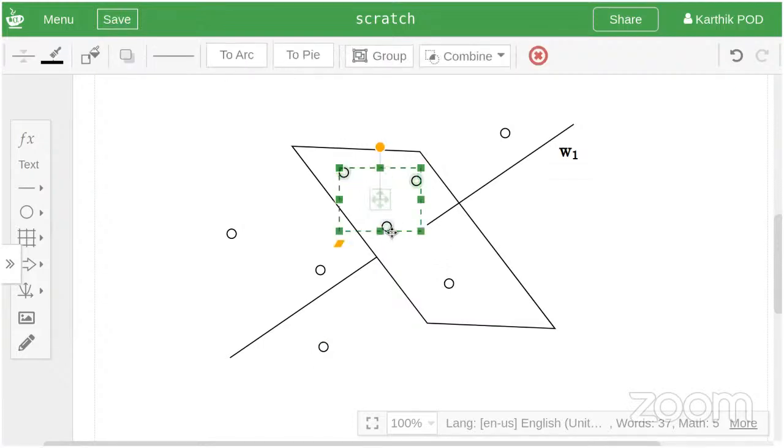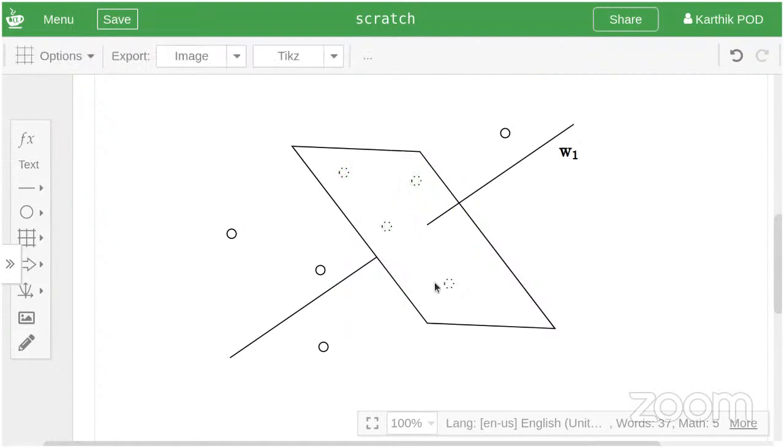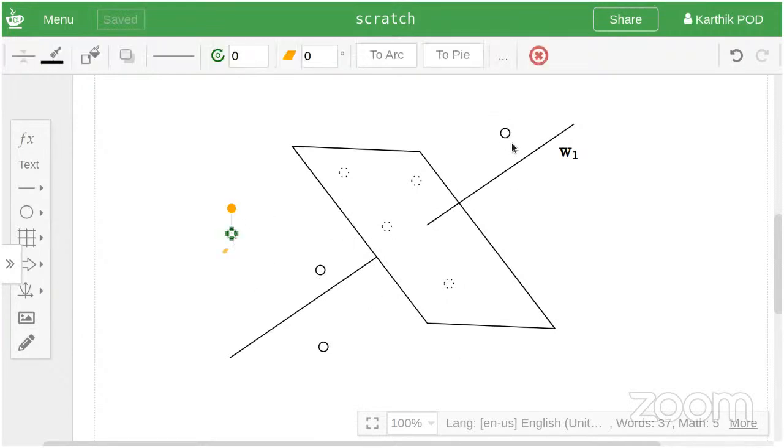So these dotted points are the residues of these 4 points. If you notice, they're all still perpendicular to W1, but they need not be collinear.